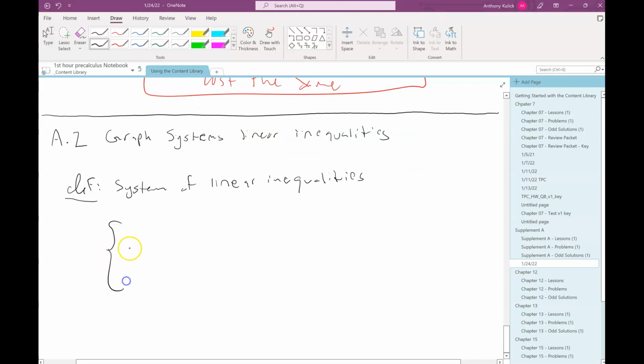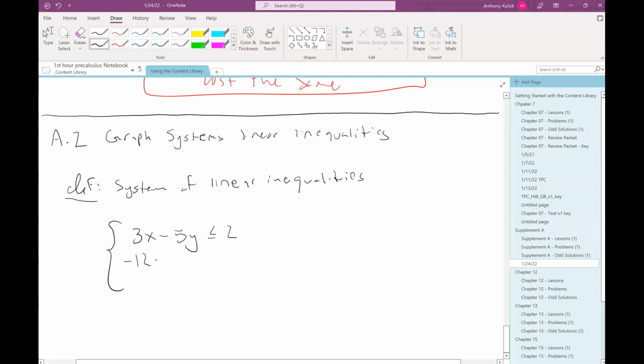So again, if I have a system of linear inequalities, that means that the linear part means the exponents on the variables are both 1, and the only operations going on are addition, subtraction, multiplication.